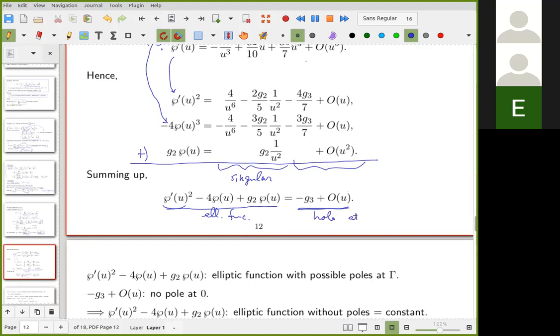Well, since we are considering Taylor expansion at 0, a priori this guarantees holomorphicity at 0, but actually because of double periodicity, this has poles only at the lattice points.